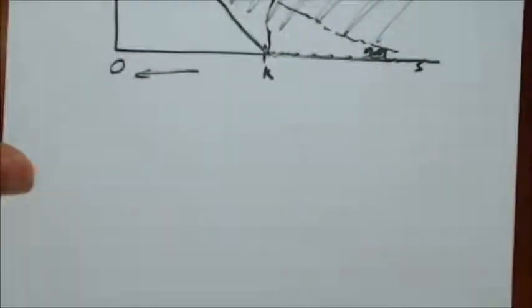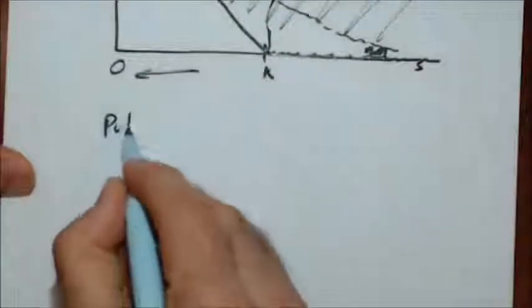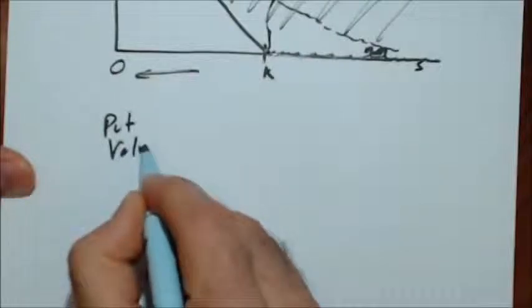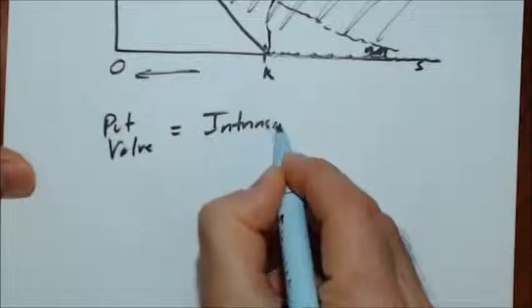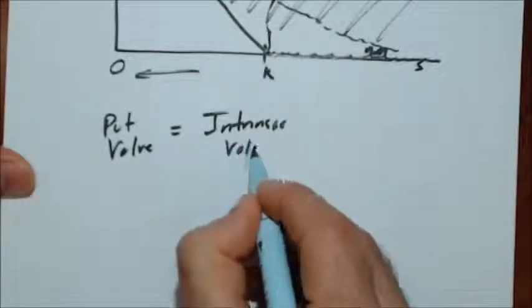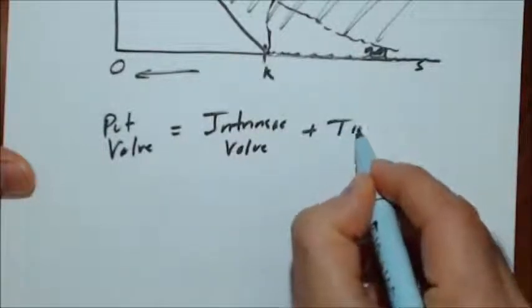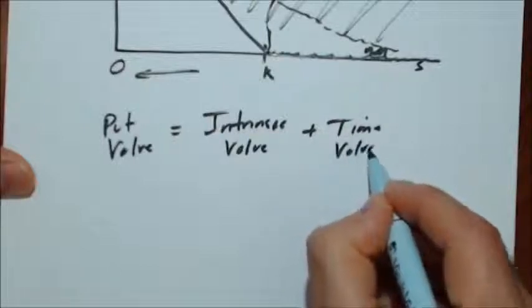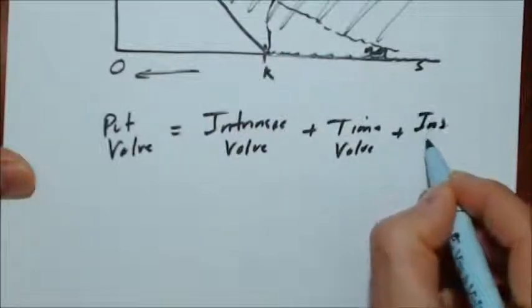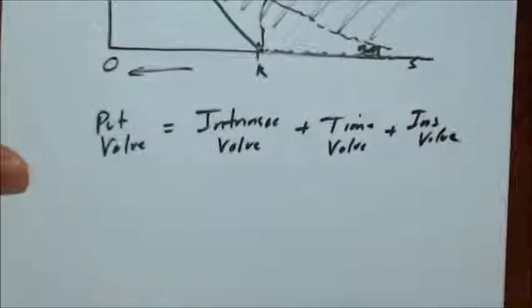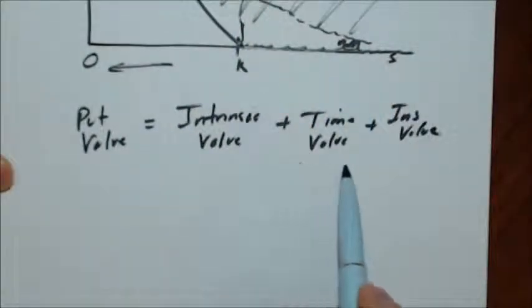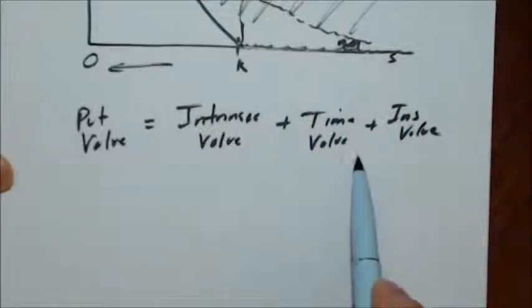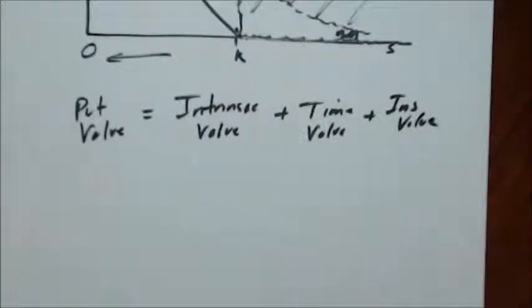So put value equals intrinsic value plus time value plus insurance value. Keep in mind, many other textbooks and sources will combine these two components and just call it plain time value. But your authors break it out for calls, and they break it out for puts.